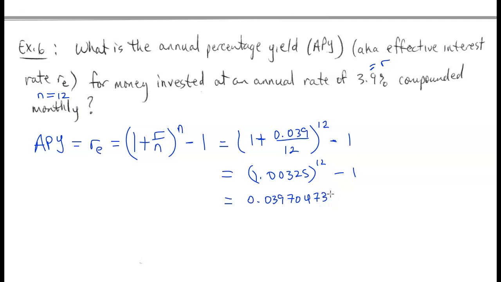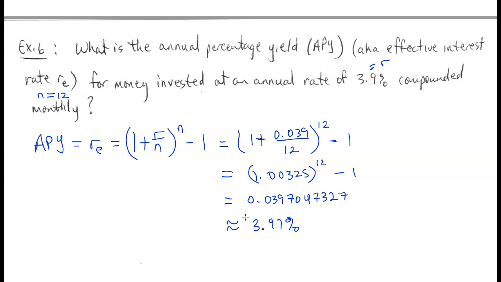Of course, that's roughly 3.97% if we express our answer in percentages and round to 2 decimal places. So notice that we're earning about 7 extra hundredths of a percent on our money, just because it's compounded monthly.